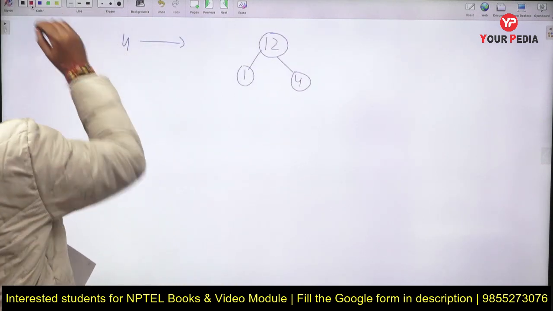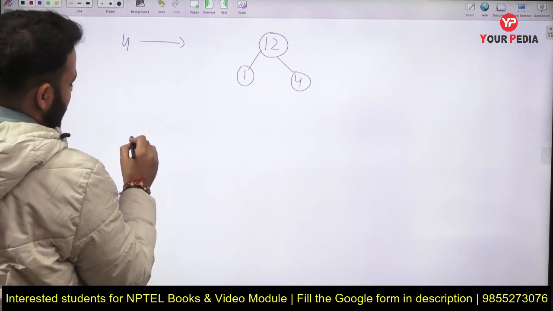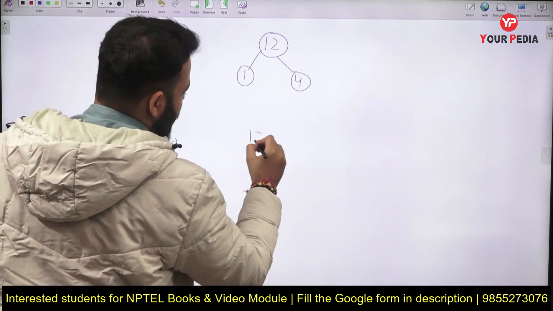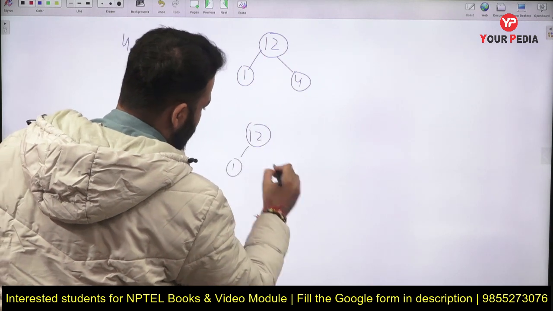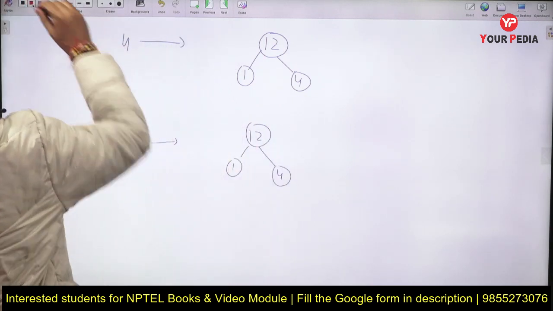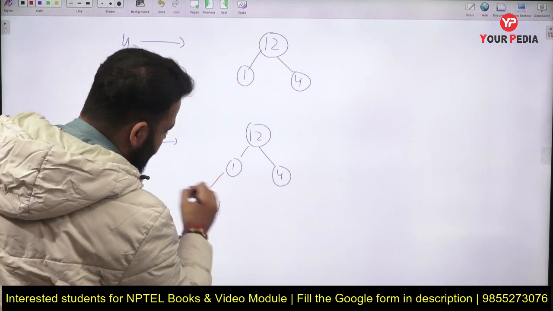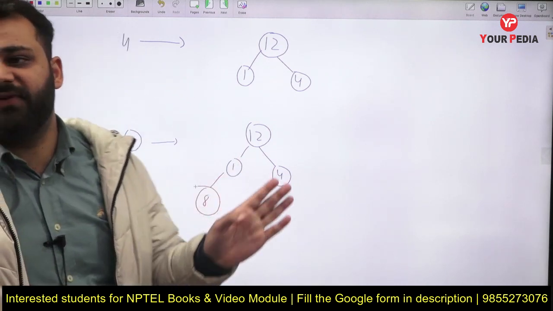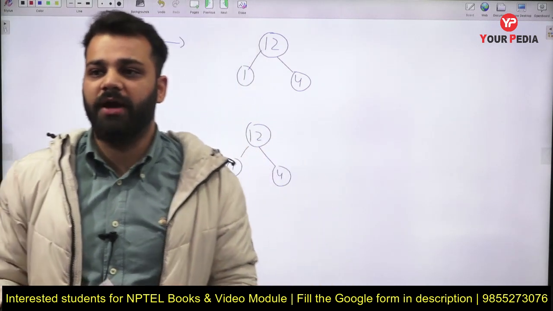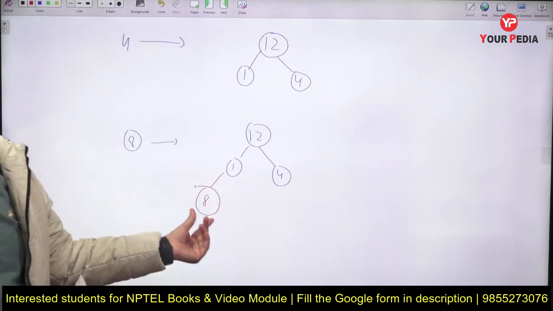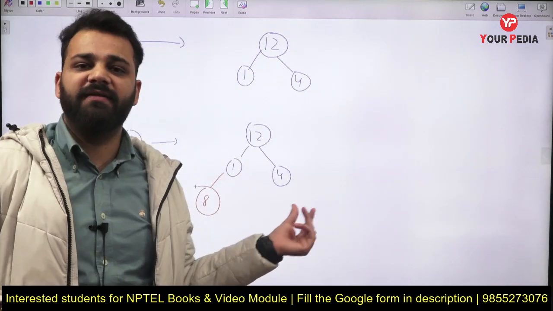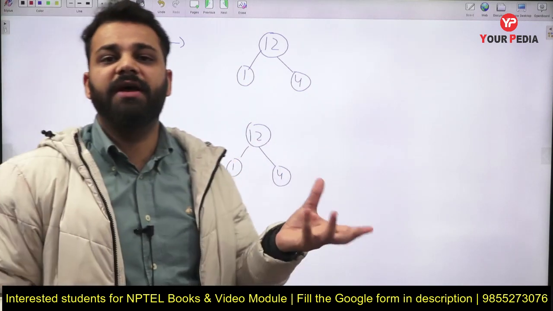Now after that 8 comes. Now when an 8 comes, 12, 1, 4, 8 will be there. We will be filling the tree like a normal binary tree, so 8 will come here. Now when 8 comes here, the parent of 8 in this case is 1, and 1 is not greater than 8.